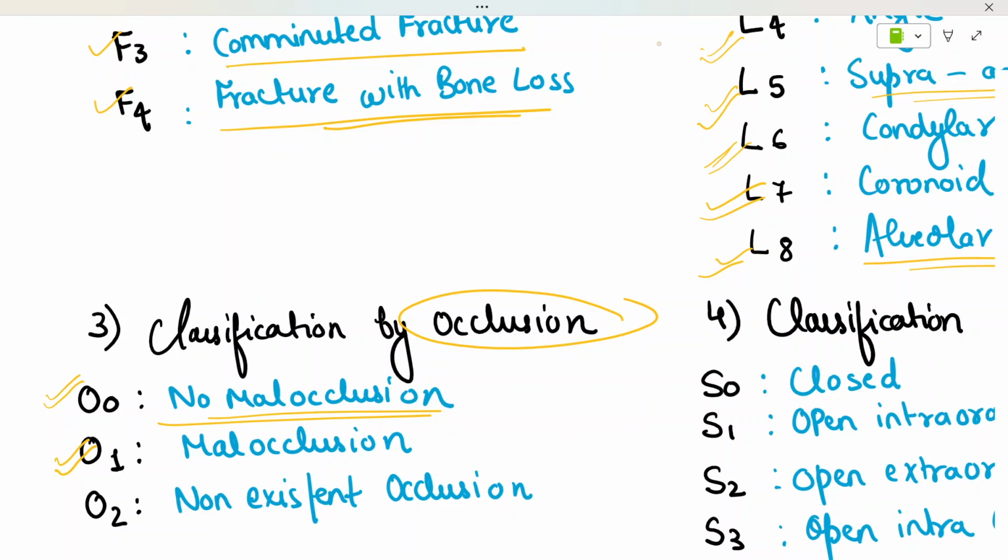What is non-existent occlusion? If a fracture occurs in a patient who has no teeth, you cannot check occlusion there. That means it is an edentulous mandible. That comes under non-existent occlusion, and that is O2.